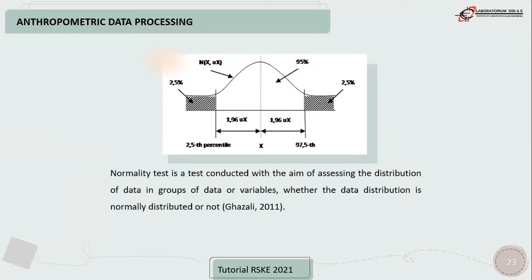Okay, we will move to anthropometric data processing. You should do the normality test. The normality test is a test conducted with the aim of assessing the distribution of your data or variables, whether the data distribution is normal or not.